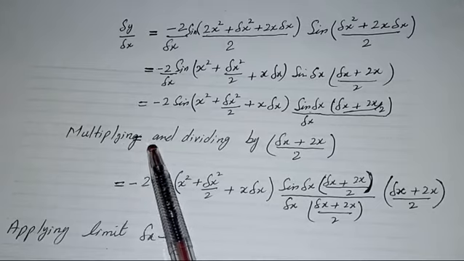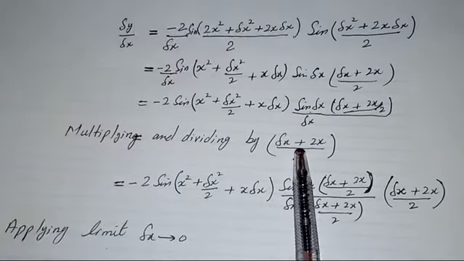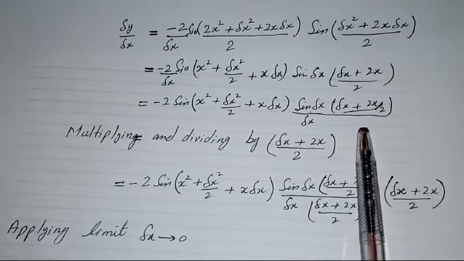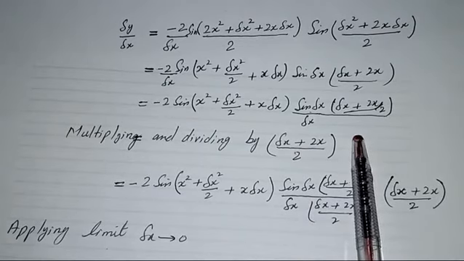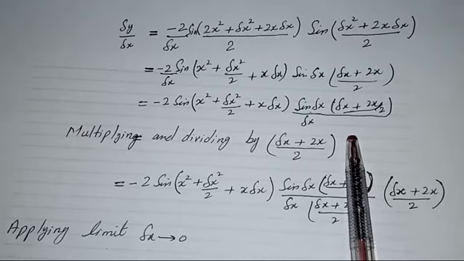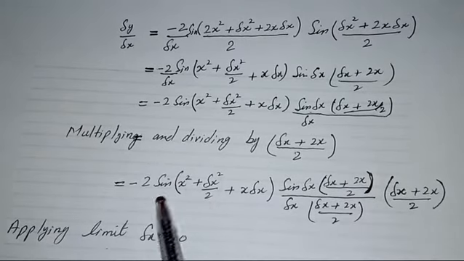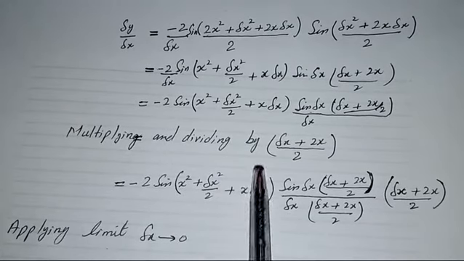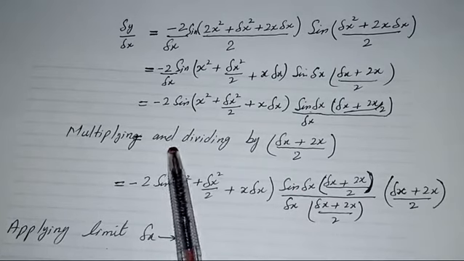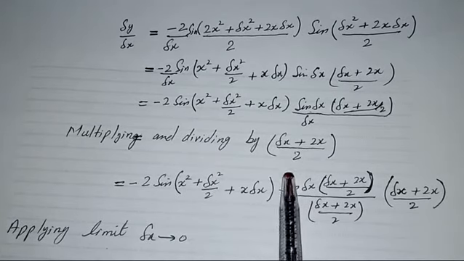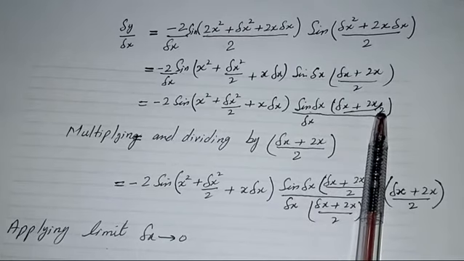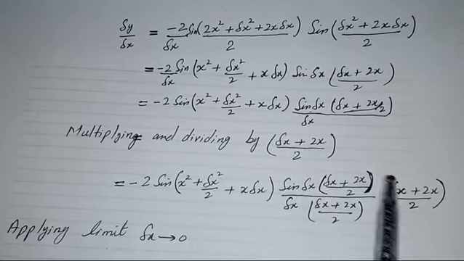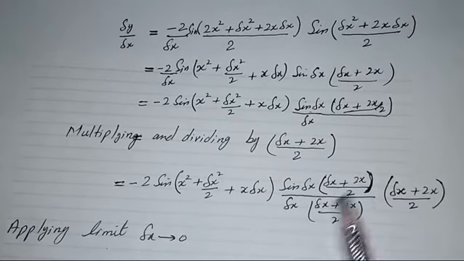So multiplying and dividing by delta x plus 2x over 2, when there is delta x plus 2x over 2 in its denominator, we will apply here the formula, limit theta approaches 0 sin theta over theta. Minus 2 sin (x square plus delta x square over 2 plus x delta x) written as it is, while multiplying and dividing by this term. So sin of (delta x plus 2x over 2) as it is, over delta x as it is, multiplying and dividing by this term. This is in multiplication, this is in division now.